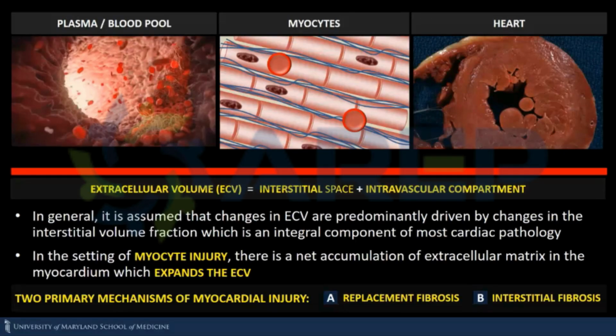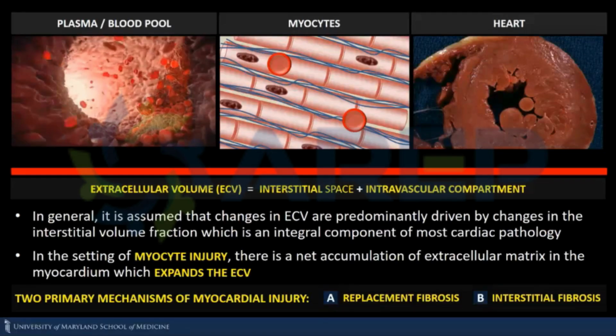In the setting of myocyte injury, your intravascular compartment is usually fixed. So any increase in your extracellular volume is usually due to an increase in the interstitial space. And why do we have expansion of the interstitial space? It is because you have some type of myocyte injury and myocyte death. So those two abnormalities will lead to expansion of the extracellular volume.